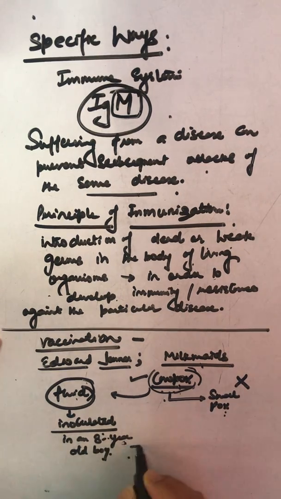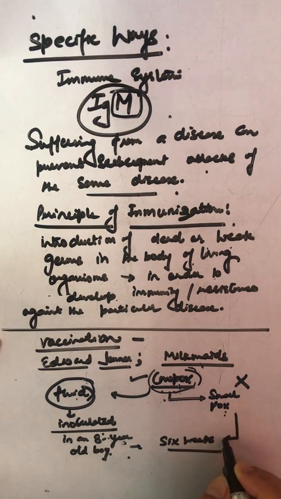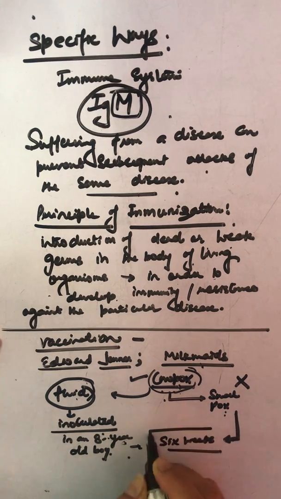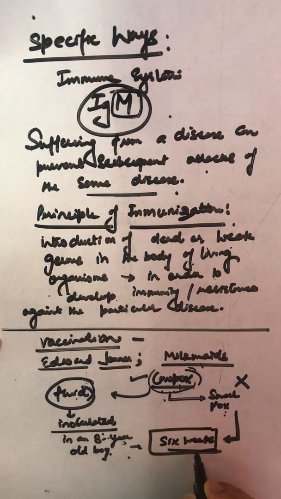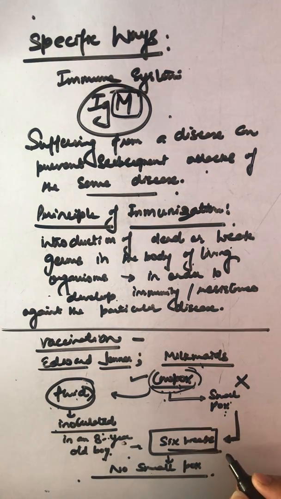After 6 weeks, he exposed the boy to smallpox, but no smallpox developed. Because in the meantime, the inoculated fluid had produced so many antibodies in the body that the disease could not take hold.